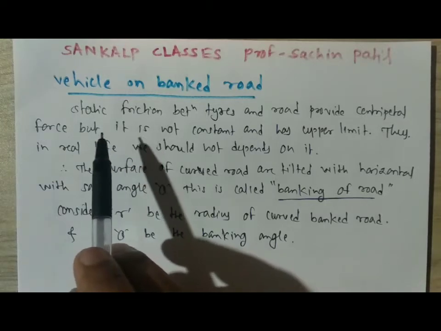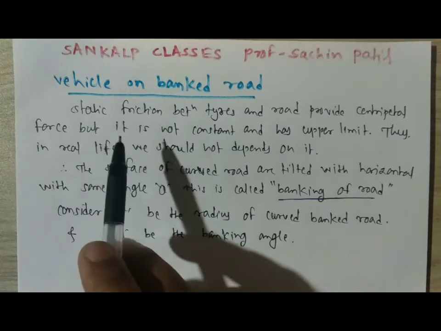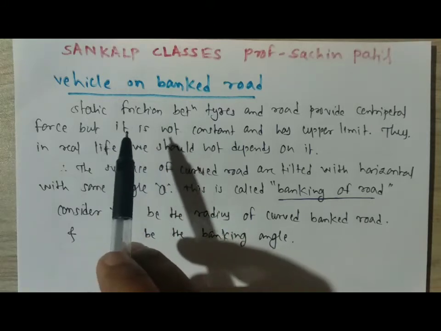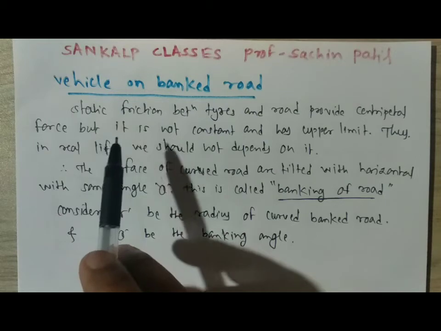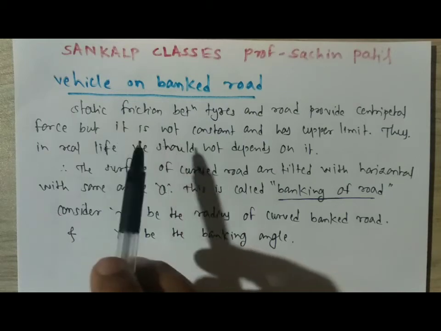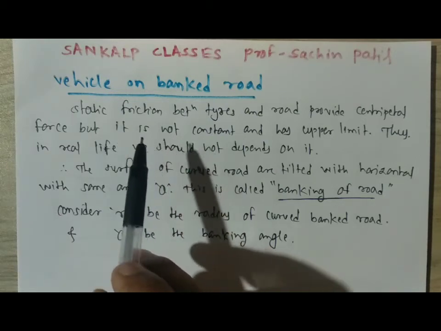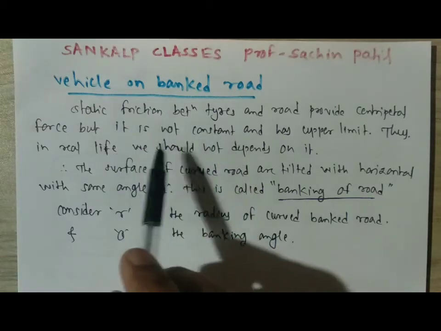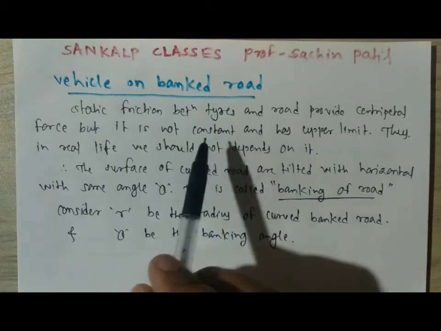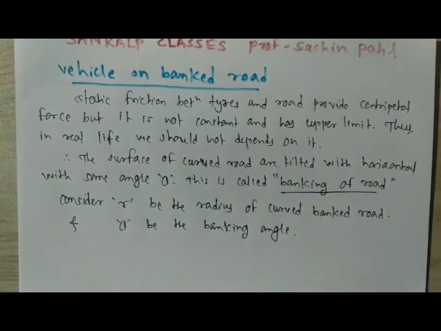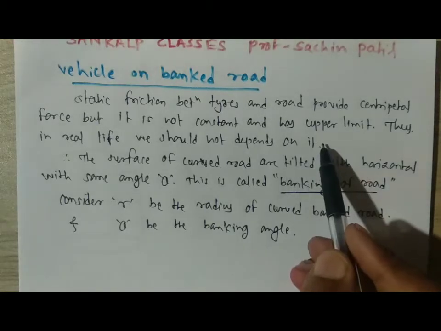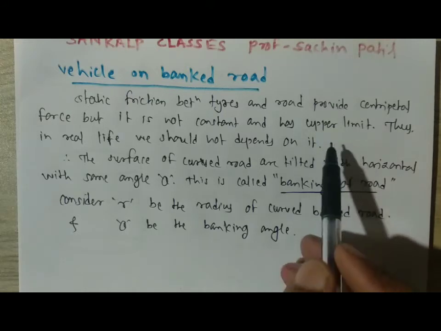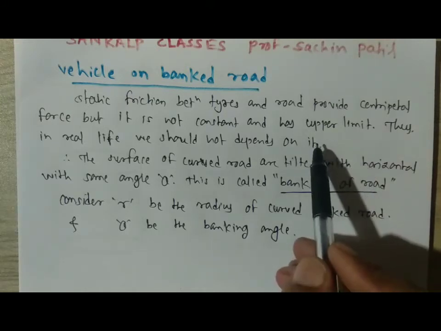Sometimes tires wear and tear, the studs of tires are completely lost and do not grip the road, and therefore no centripetal force is provided. Static friction is not provided constantly between road and tires, so it has an upper limit, and in real life we should not depend on it, because it does not give a particular level when we require the centripetal force.